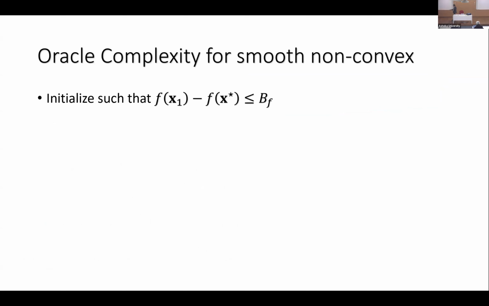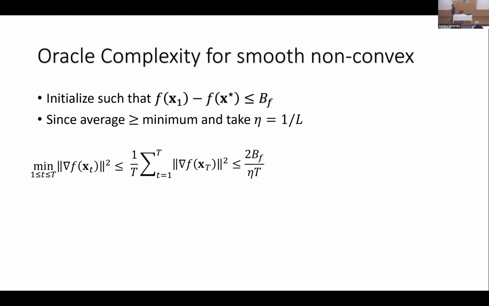Then suppose we initialize such that the initial value is within b distance of the optimum. If we initialize like this, b_f can be anything. I mean, b_f can be large also, as long as you know that there is a b_f.